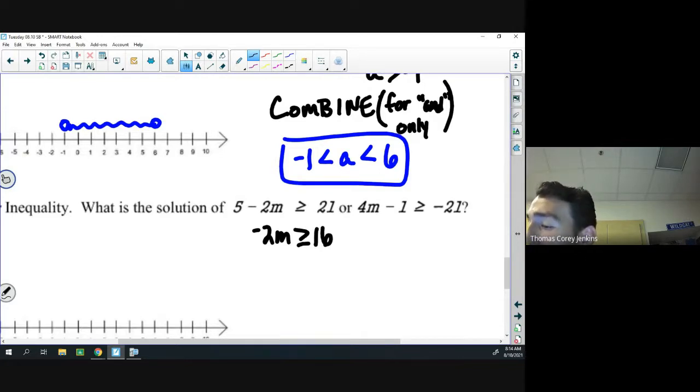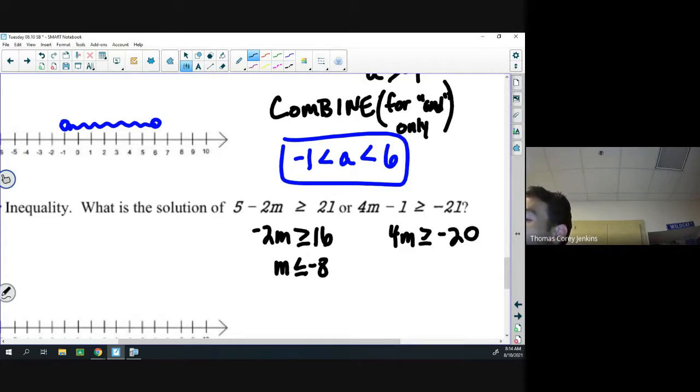Divide by -2 is going to give me m less than or equal to -8. On the other one, add 1 to both sides, gives me 4m greater than or equal to -20. And divide by 4 gives me m greater than or equal to -5.